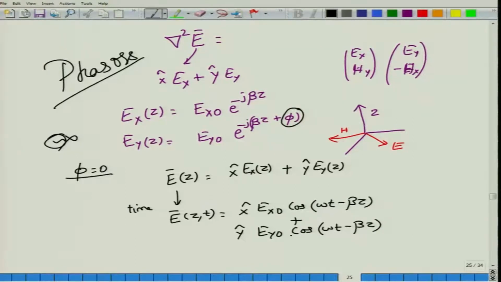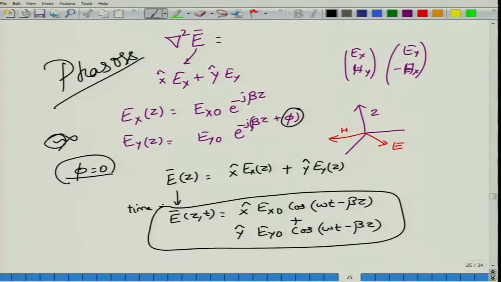Why is it that both components have the cos omega t minus beta z factor? Because phase is assumed to be 0. Now, this is the electric field of the wave propagating along the z axis. You can write the corresponding magnetic field, but we are not interested in that at this point of time, because whatever we say of the electric field, the same thing holds for the magnetic field as well.